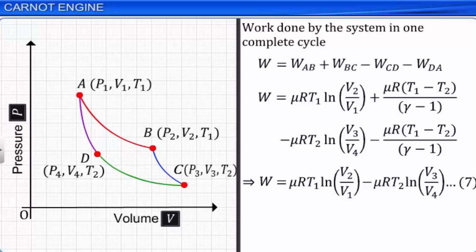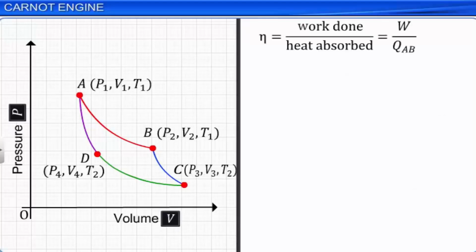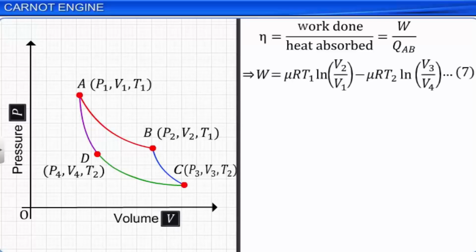We know that the efficiency of the heat engine, η, is equal to the ratio of the work done by the system to the heat absorbed by the system. The total work done is W, and the total heat absorbed is Q_AB. Note that heat is absorbed only during the process AB.